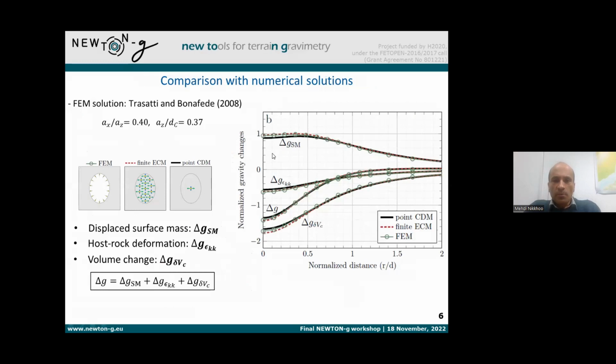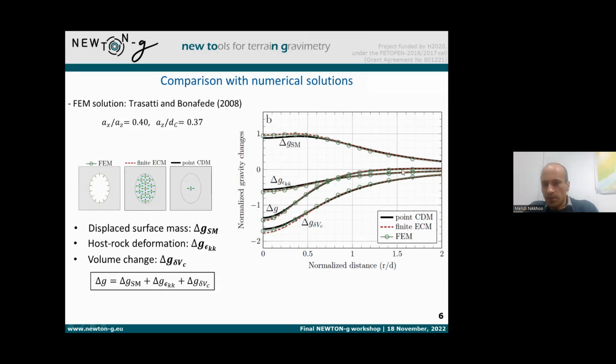So here we compare the point source and finite sources that I introduced to you in the previous slides with a solution based on the finite element method. The solution is from Trasatti and Bonafede 2008, and here are the source parameters. The cavity is located at a depth of 5 kilometers, and the semi-major axis is around 1,800 meters. Here we see three out of the 5 contributions I showed you earlier, and these are all deformation-induced components.